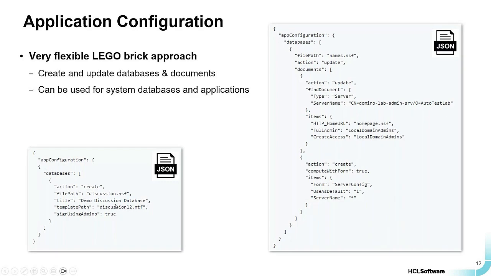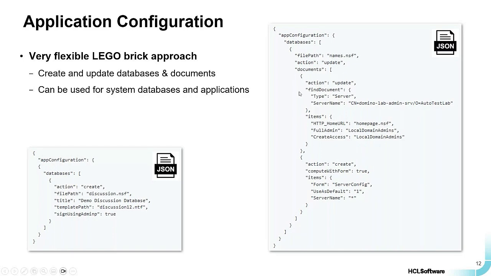There are many more options. You can modify the ECL, you can create documents and all those kind of things. On the right-hand side, you see, for example, I update a names document in names NSF. In this case, update means the database already exists.